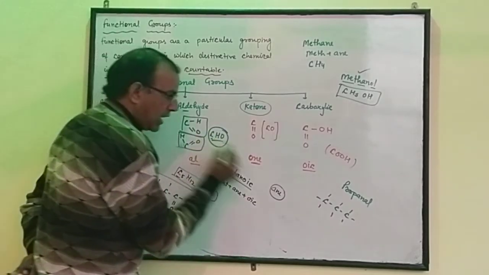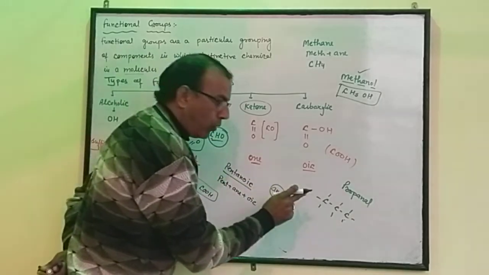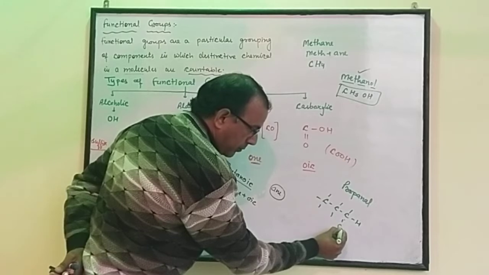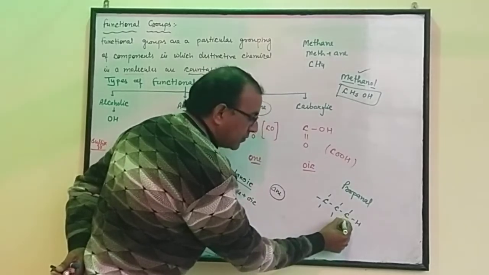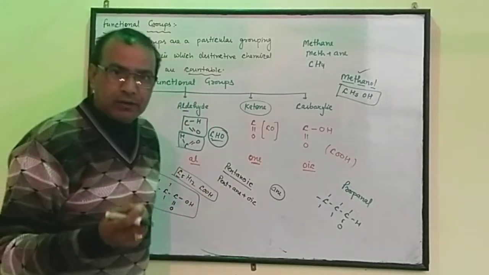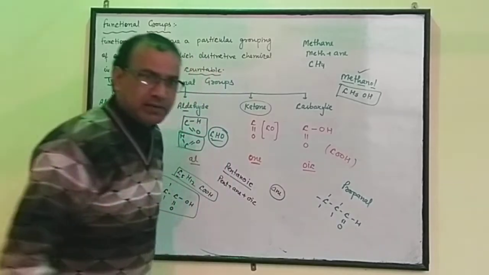It means last carbon attached with one side with H and other side with O. If we bond O with this C, we know that oxygen needs 2 electrons. So 1 hydrogen is replaced here and attached to this one side.